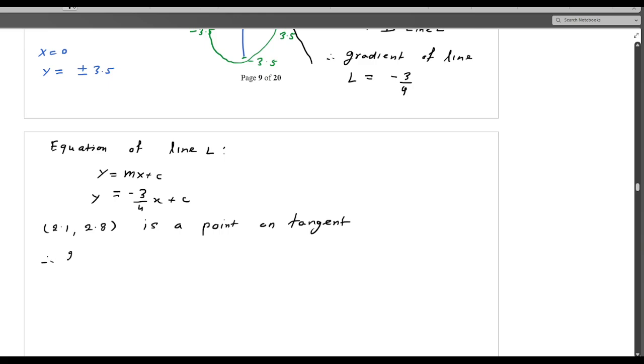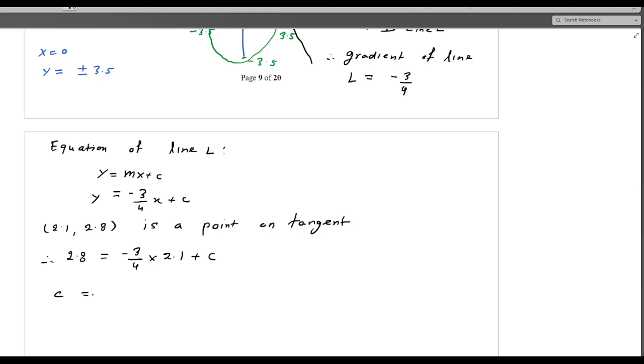Therefore I will say that 2.8 = -3/4 times 2.1 + c. So this gives me the value of c as 2.8 plus 3/4 times 2.1, which is 35 divided by 8.